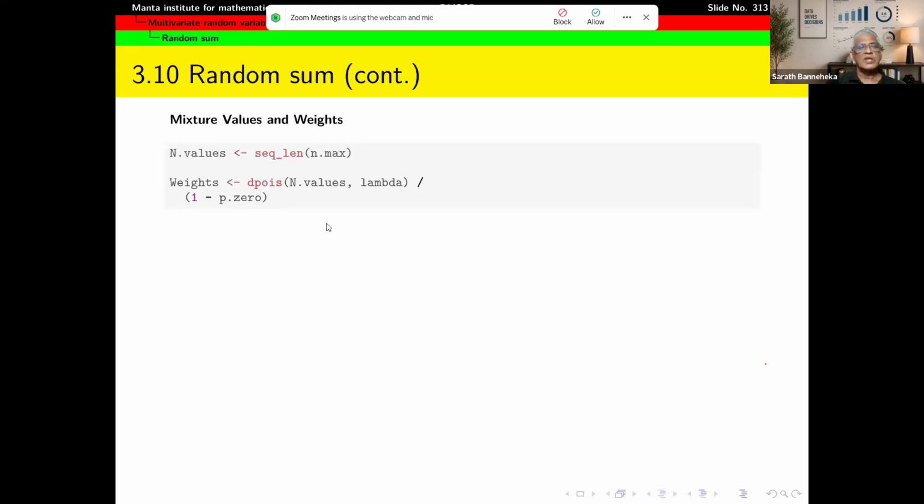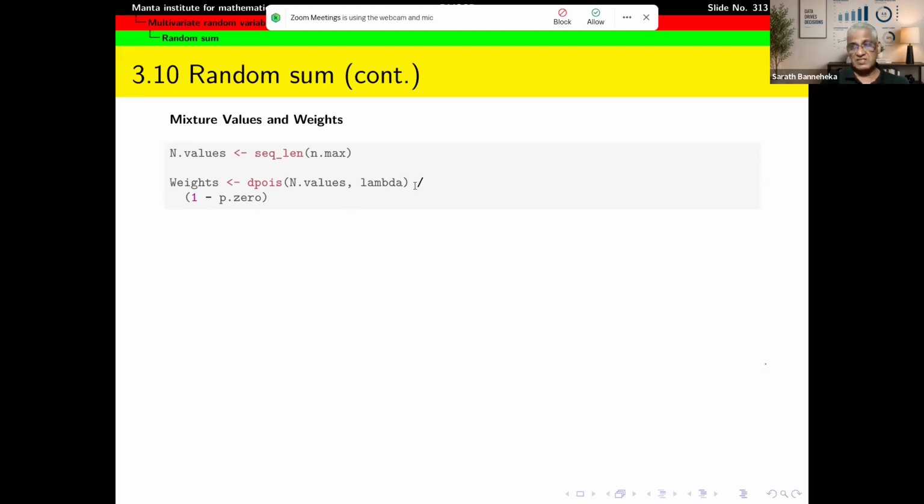With that, I get the sequence of n values, n 1 to n max, and thereby I calculate the weights to be dpois of those n values with parameter lambda divided by 1 minus p0, to get the truncated Poisson.